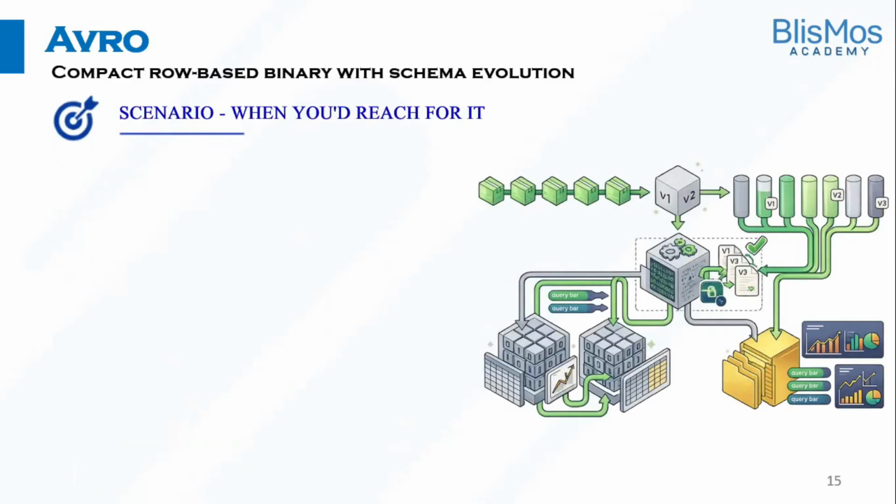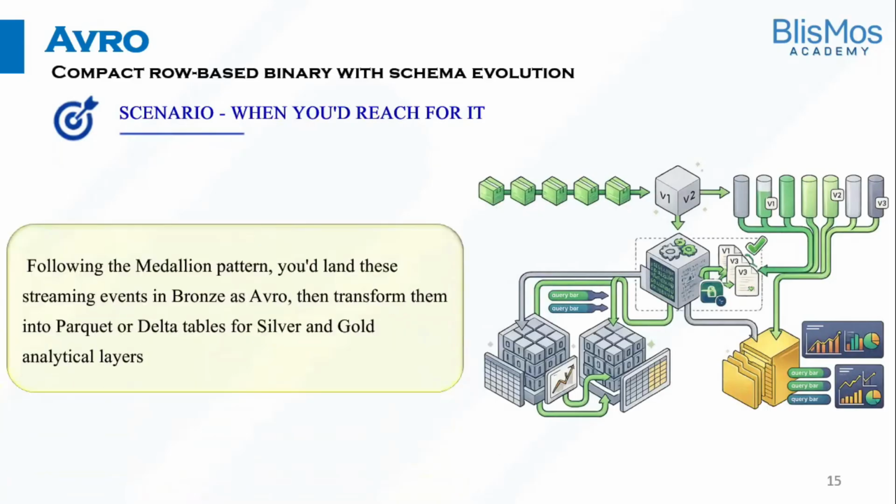Then you transform the data into Parquet or Delta for the silver and gold layers. So the format can change as the data moves through your architecture. The important thing here is to choose the format based on what you're going to do with the data next.